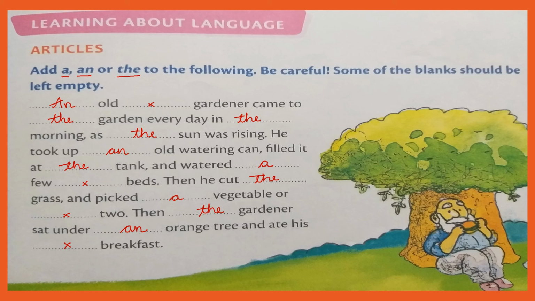He took up an old watering can, filled it at the tank and watered a few beds. So this dash is empty. Then he cut the grass and picked a vegetable or two. Then the gardener sat under an orange tree and ate his breakfast. So you can identify the 4 blanks are empty.